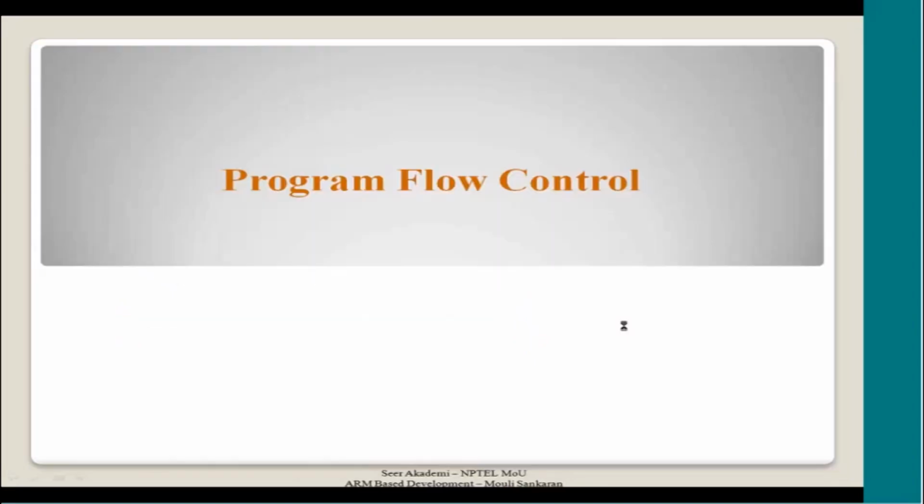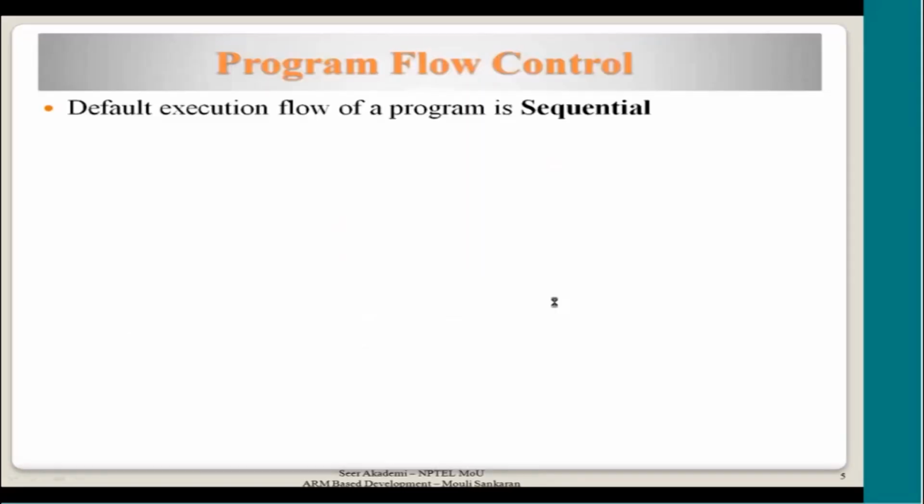Why do we need program flow control? What is the default execution flow of a program? Assume this is a code memory, and PC is currently pointing here. The width of this code memory is 32 bits.